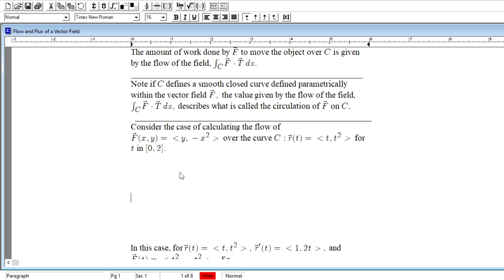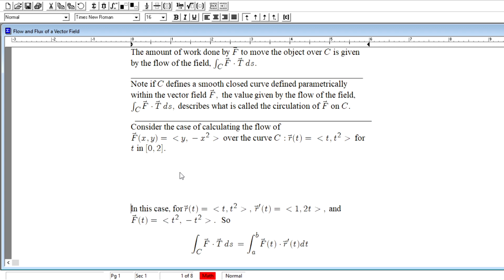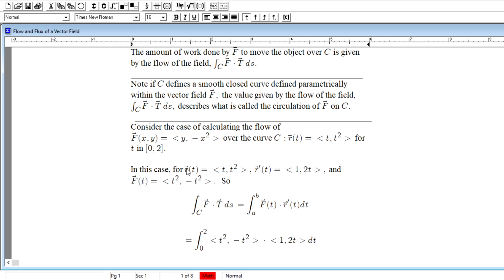Well, let's see here. In this case, as I noted, it all starts with r bar of t. For r bar of t equal to t comma t squared, the first derivative r bar prime of t is going to be given by 1 comma 2t. It is just the derivative of each of these components.